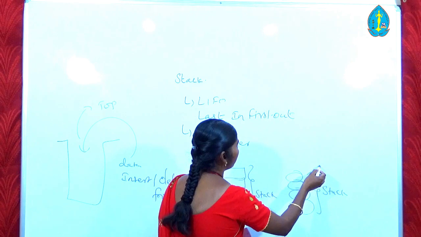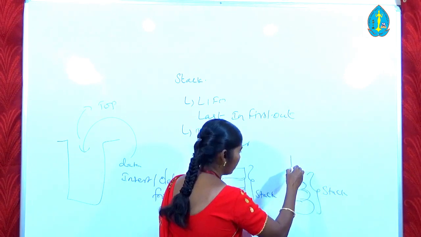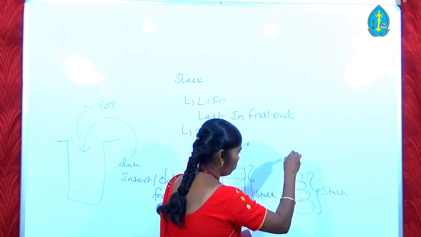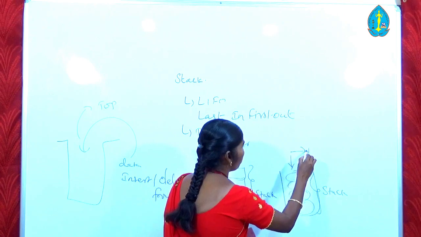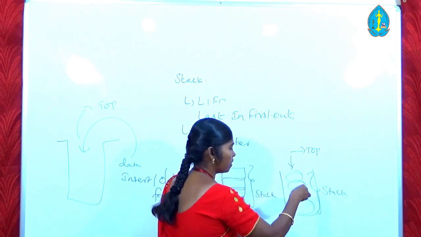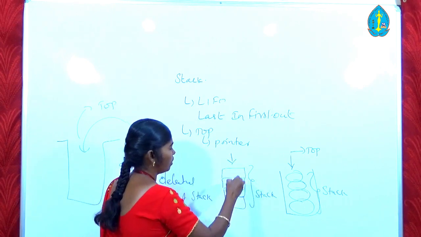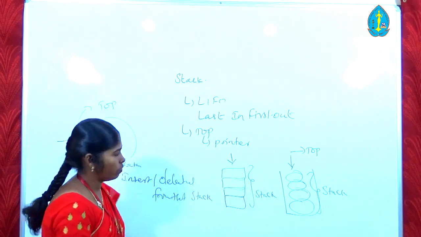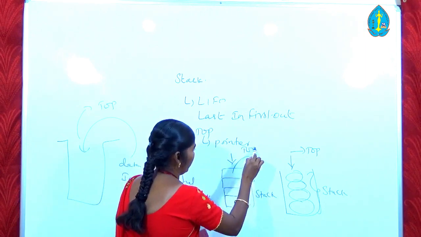What is the method to arrange the coins? You insert the item at the top position in that stack. The top pointer is used to insert the coins, and the top pointer is also used to insert books when arranging them. As well, we use the top pointer to remove a book.